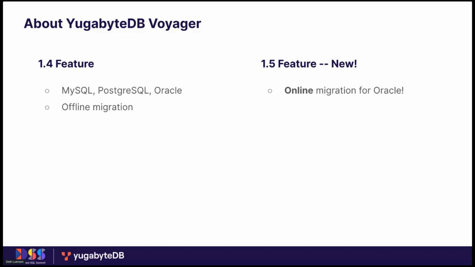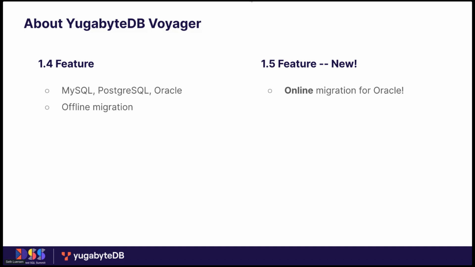In 1.5, which I think was officially released today, there is online migration. You may have seen one of the wonderful demos showcasing this. You can actually be writing to the source database, and behind the scenes it will capture that new write as the migration is going on. But the online migration currently only supports, I believe, Oracle, and there will be online migration support for the other databases in future releases.